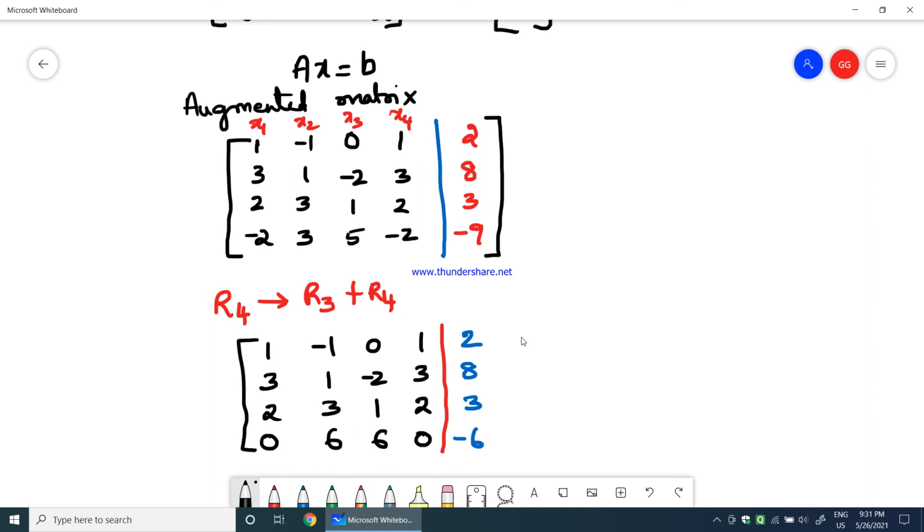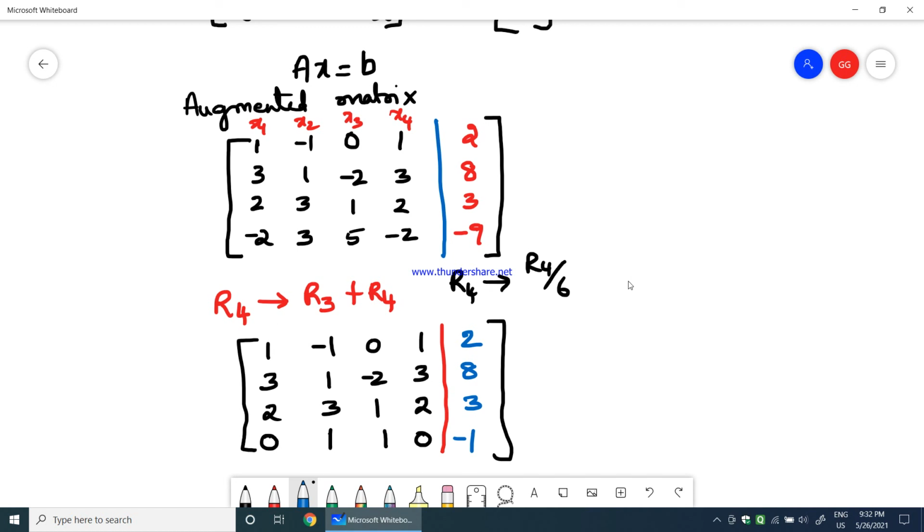So if you see carefully, the last row can be divided by 6 here, right? So I'll say row 4 equals row 4 divided by 6. So I can write 6 and 6 as 1 and 1, because 6 by 6 is 1, whereas this 6 is minus 1. So this is what I get in the matrix after this row operation.